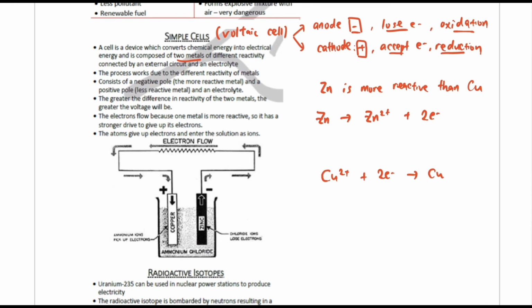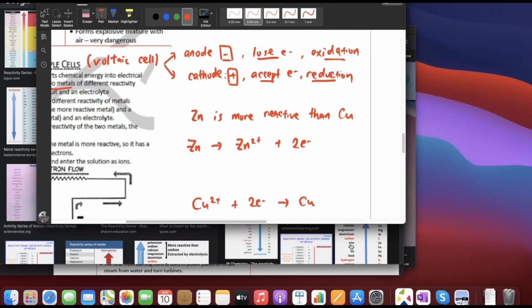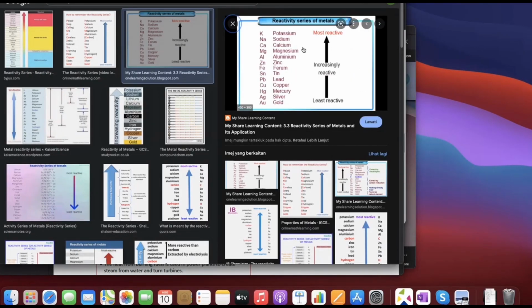The greater the difference in reactivities of the two metals, the greater the voltage will be. Let's look at the reactivity series. If I use, for example, potassium and gold, there is a very big difference in reactivity.